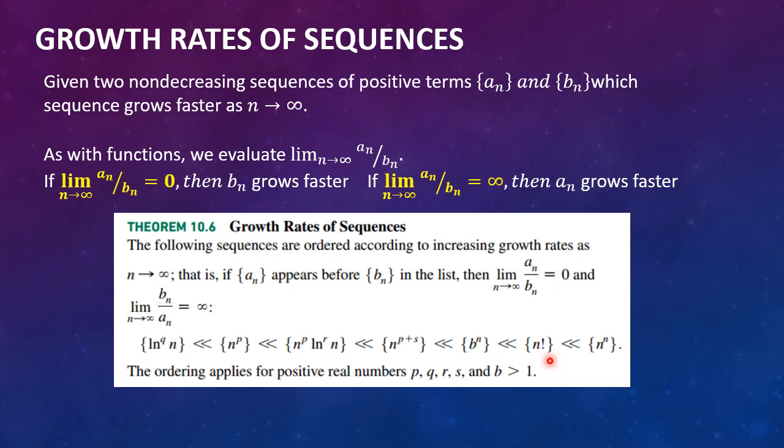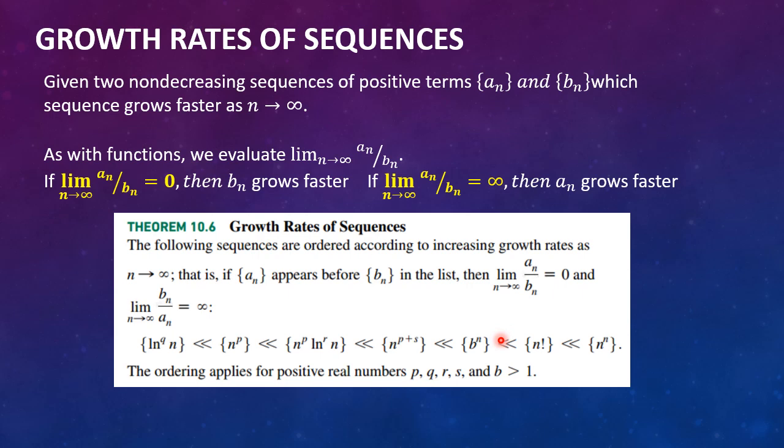Remember, that's like 6 factorial, 6 times 5 times 4, etc., which is growing slower than n to the power of n. And all of those exponents are any real positive numbers, and of course, again, b is greater than 1.